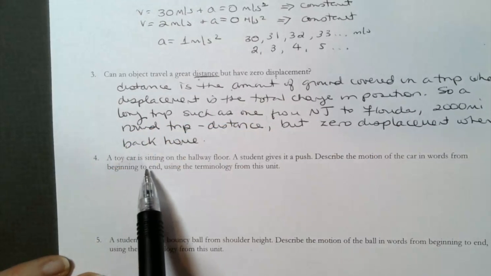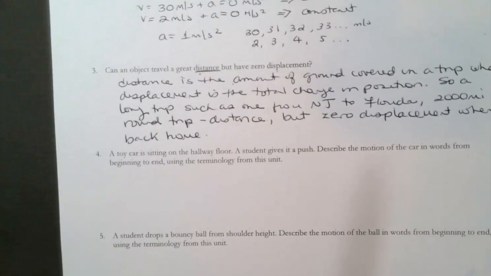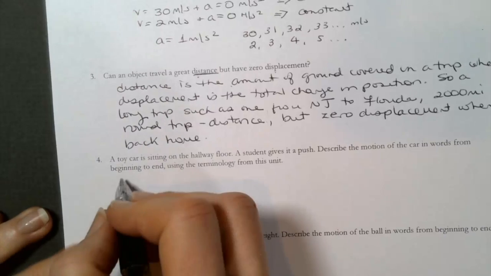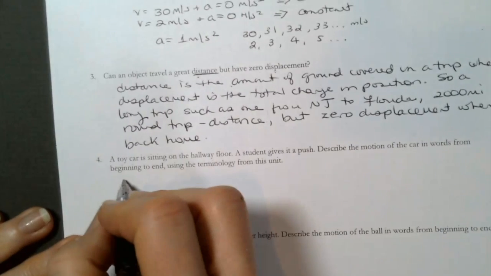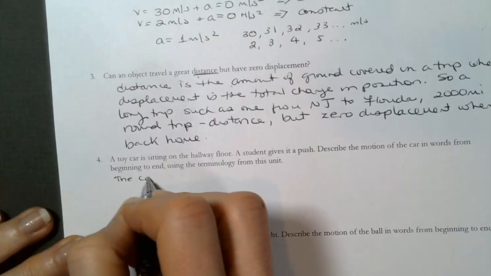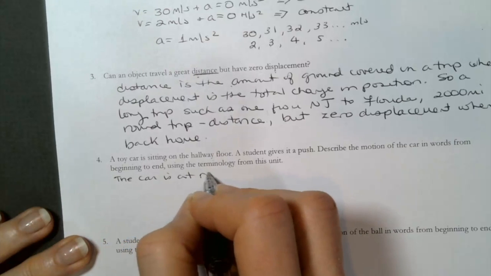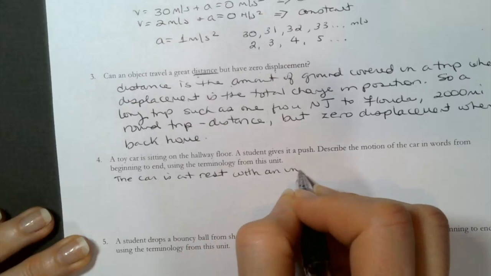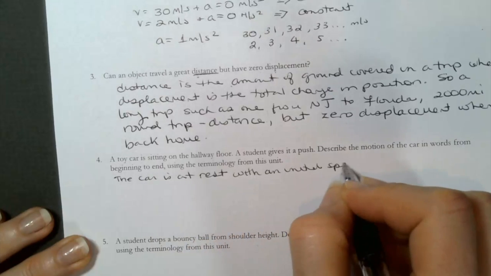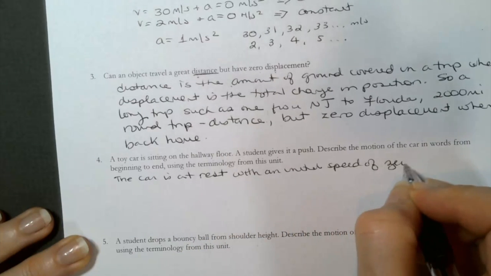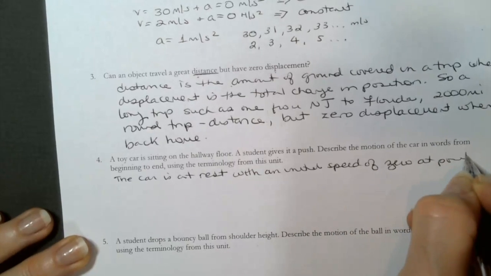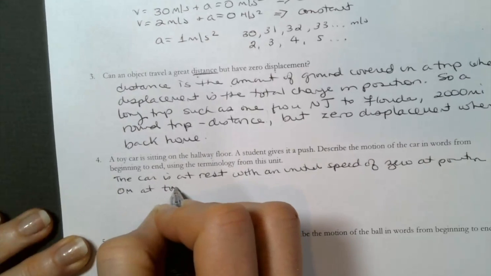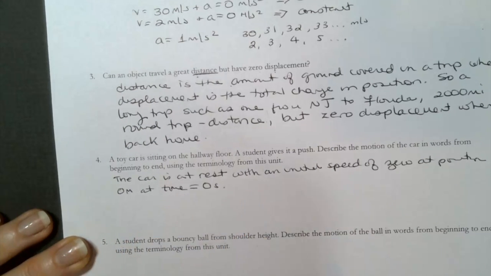A toy car is sitting on the hallway floor. A student gives it a push. Describe the motion of the car in words from beginning to end. So let's use terminology. The car is at rest with an initial speed of 0 at position 0 meters at time equals 0 seconds.